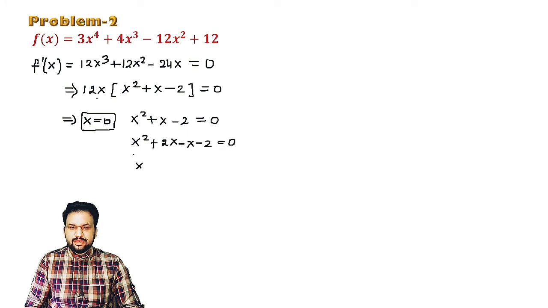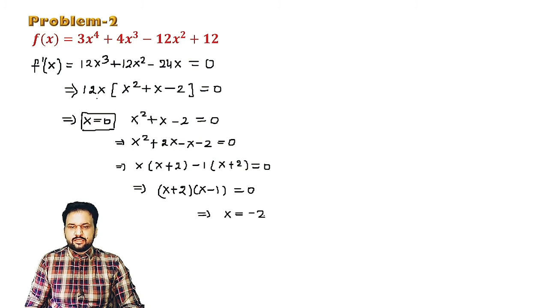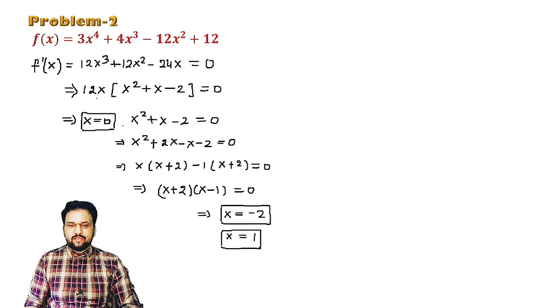Here I can take x common, x plus 2, and minus 1 common, so x plus 2 is common, and x minus 1 will be equal to 0. By this relation, x is equal to minus 2 and x is equal to 1. So the 3 points we have now: one is x equal to 0, one is x equal to minus 2, and one is x equal to 1. Clear?